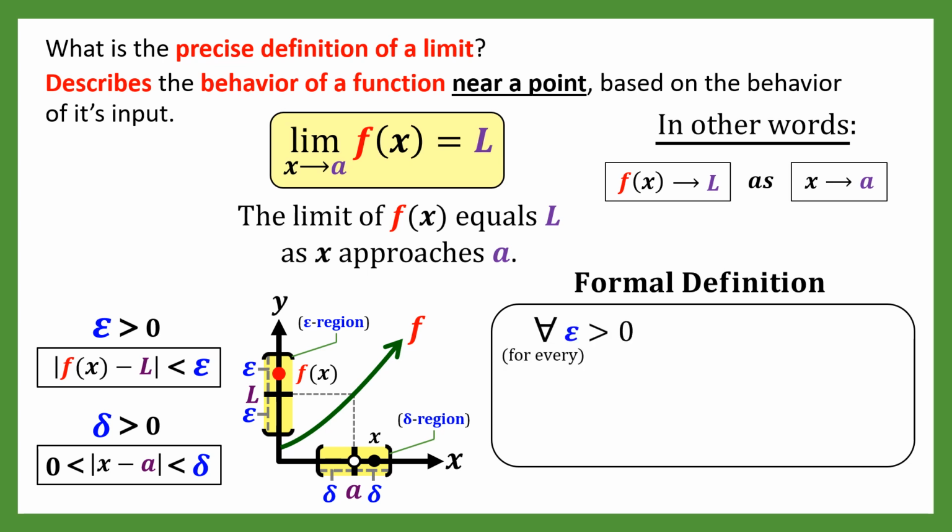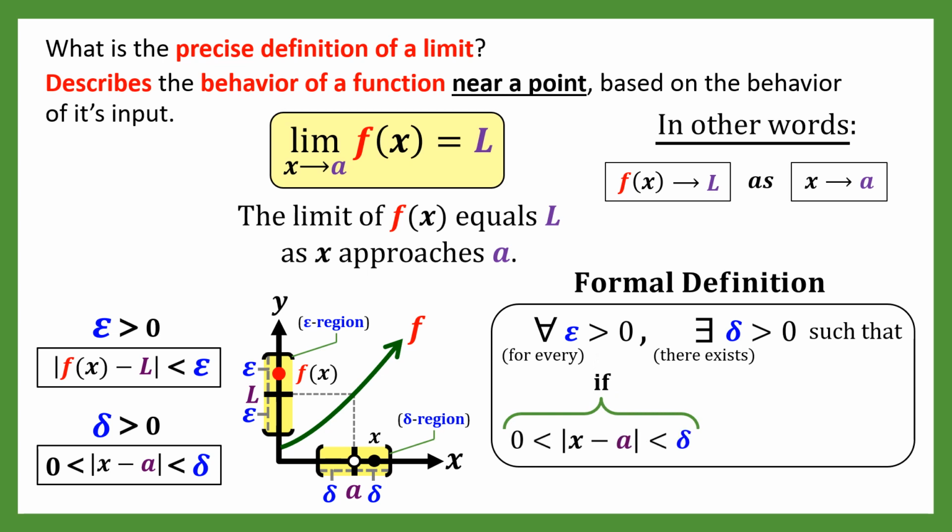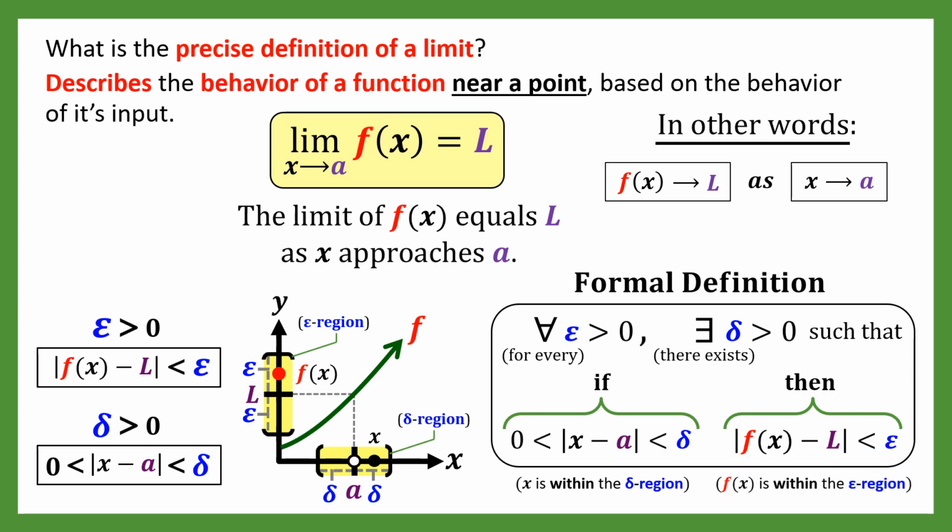For every positive value epsilon, there exists a positive value delta, such that if the absolute value of x minus a is greater than 0 and less than delta, meaning x is within the delta region, then the distance between f of x and L is less than epsilon, which means f of x is within the epsilon region.